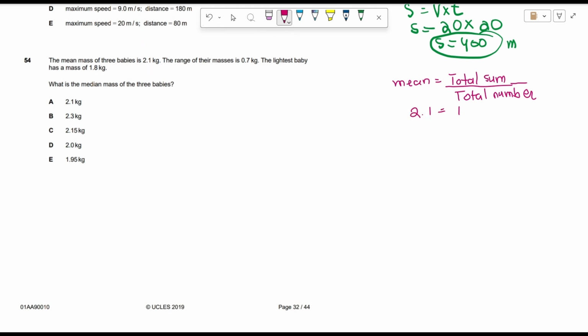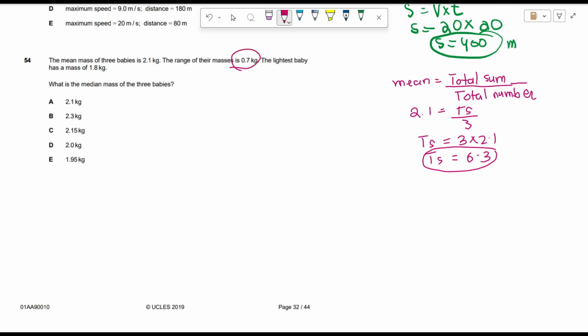This total sum TS we are finding, and the total number of babies is 3, right? For finding the sum, 3 would be multiplied by 2.1. So TS would be 6.3, which is the sum of all the masses of the babies, right?